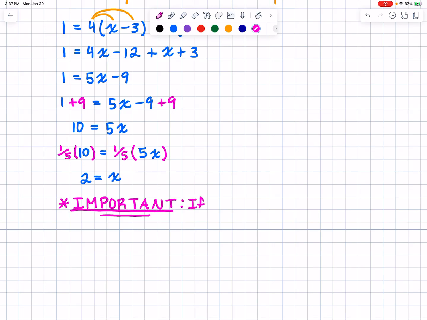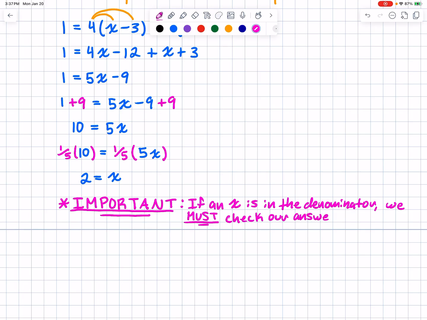If an x is in the denominator, we must check our answer. So if there was ever an x in the denominator and we started this problem, we must check our answer.